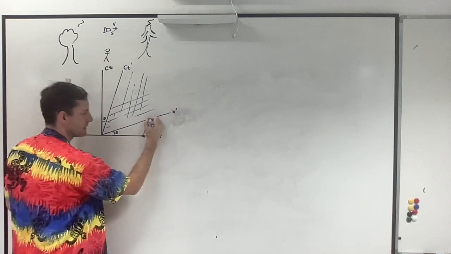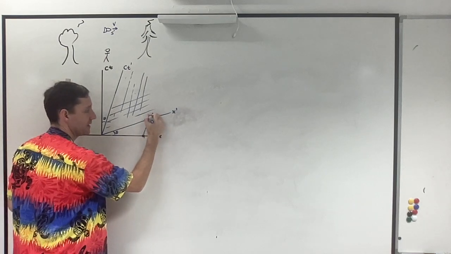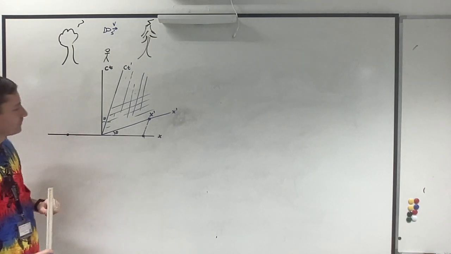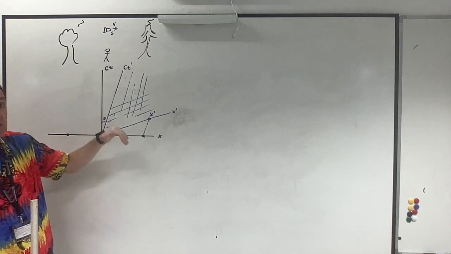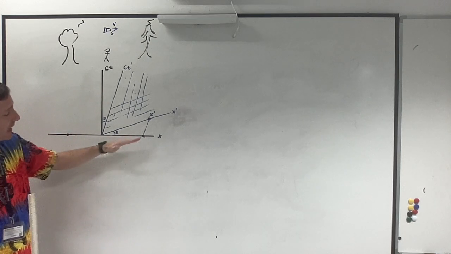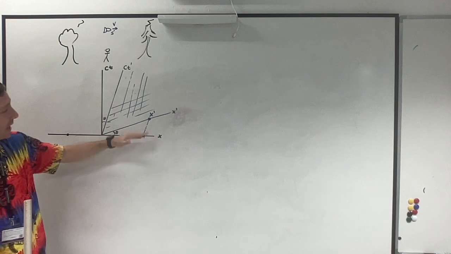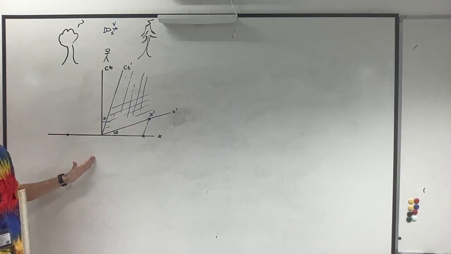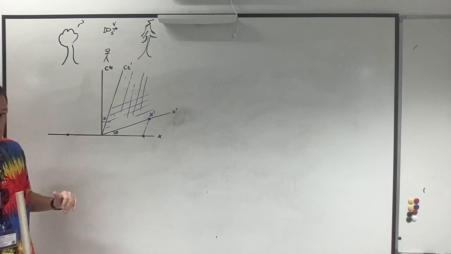And so this is the location, the x prime, that he's going to see. Now at the same time, we also want to see the time at which that occurred. Again, from this point, I need to follow along my x-axis until I get to my time axis to be able to read that point off.